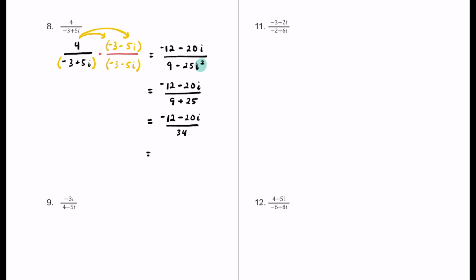And then it looks like we can split this into two fractions, so we can divide these both by 2, which is their GCF. So that's going to be negative 6 over 17 minus, and for these two we can divide them both by 2 as well. So that's going to be 10 over 17i. So this right here would be the standard form.